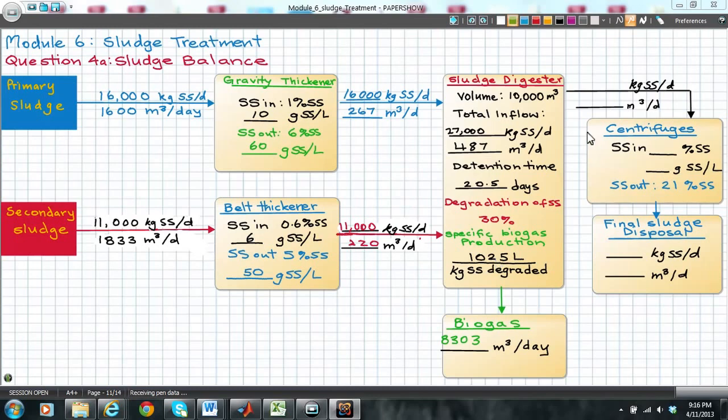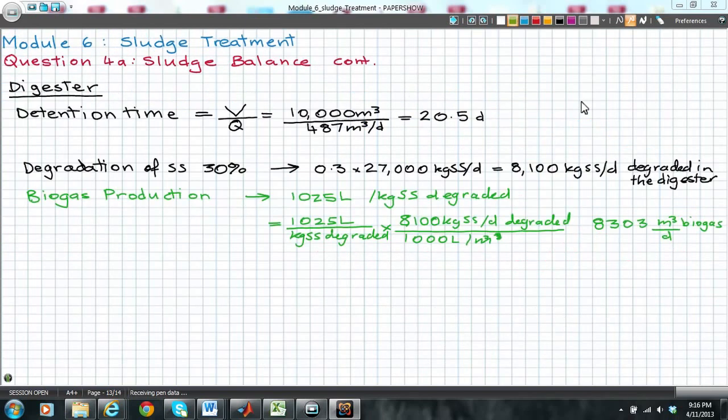So now we're going to look at the outflow of the digester, so the digested sludge. So the solids flow out is going to be the remaining suspended solids that were not degraded, and as 30% were degraded, that means 70% are remaining.